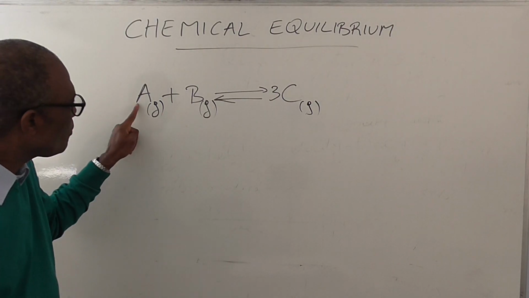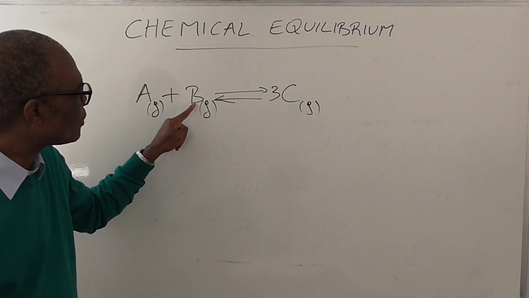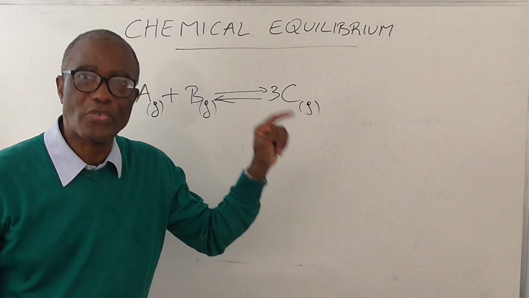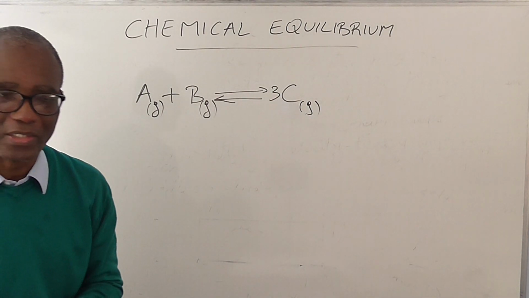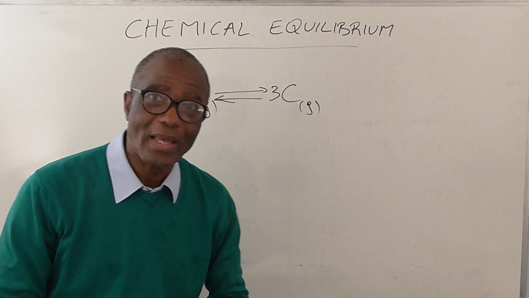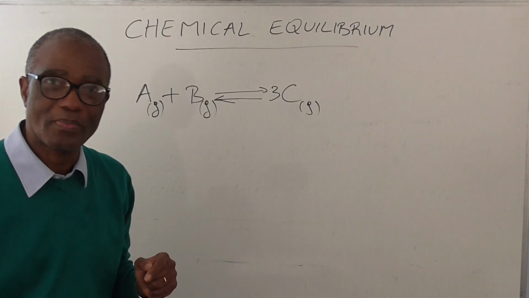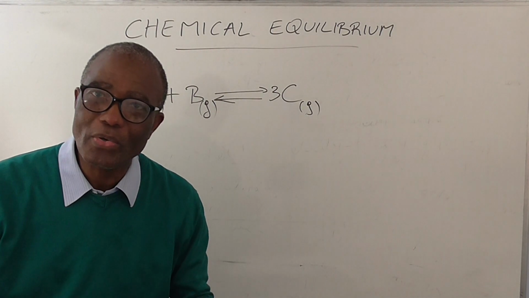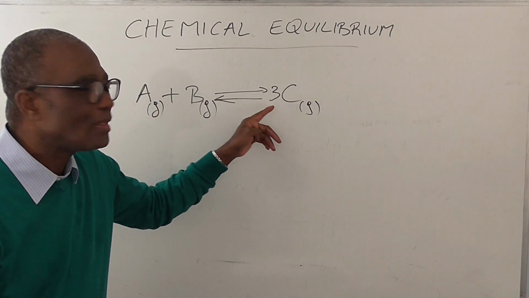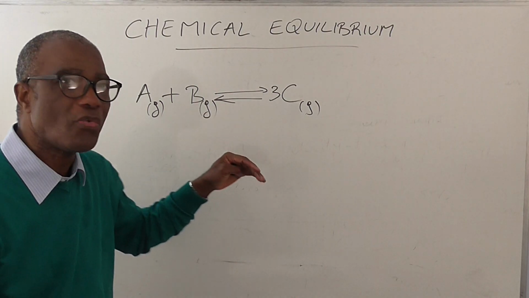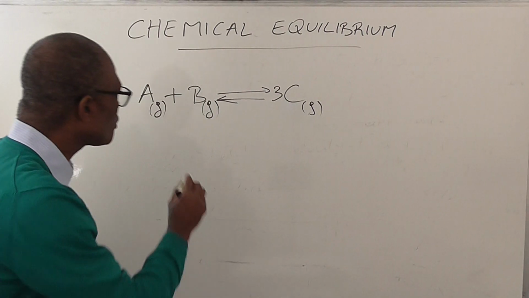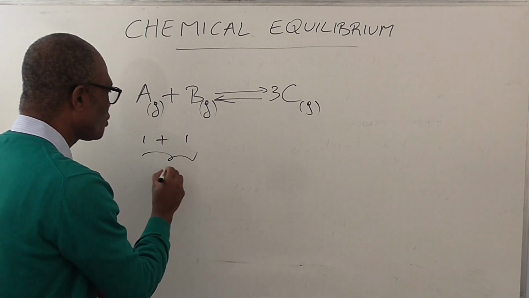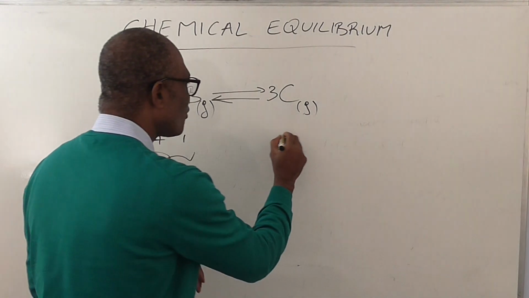So, one molecule of A reacts with one molecule of B to give three molecules of C. Le Chatelier principle predicts that with an increase of pressure in any gaseous reaction, the equilibrium shifts toward the direction with fewer molecules. So we have two molecules here, one and one, and at the right-hand side, we have three molecules.